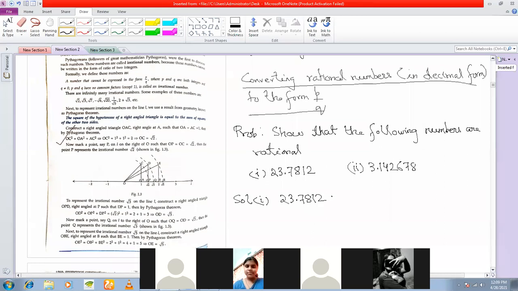Do you agree or not? Anyone who does not agree? Terminating decimal, because after 2 you are getting only zeros. It is a number with a terminating decimal part.